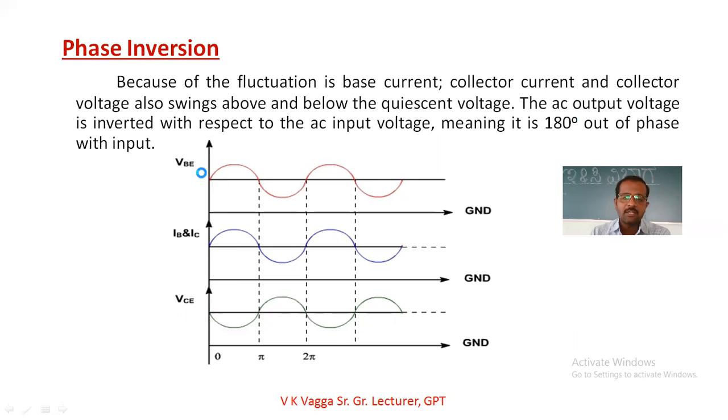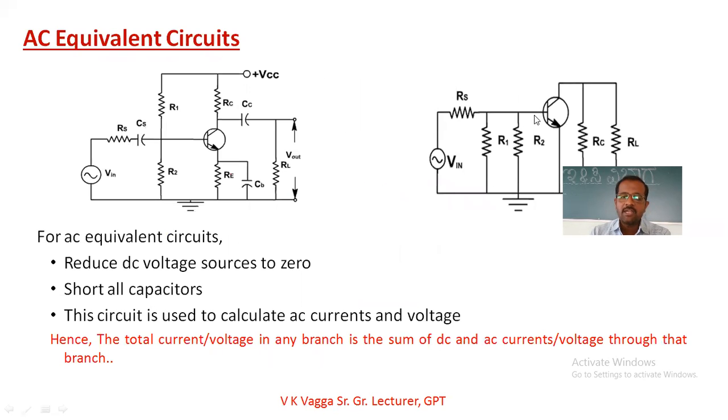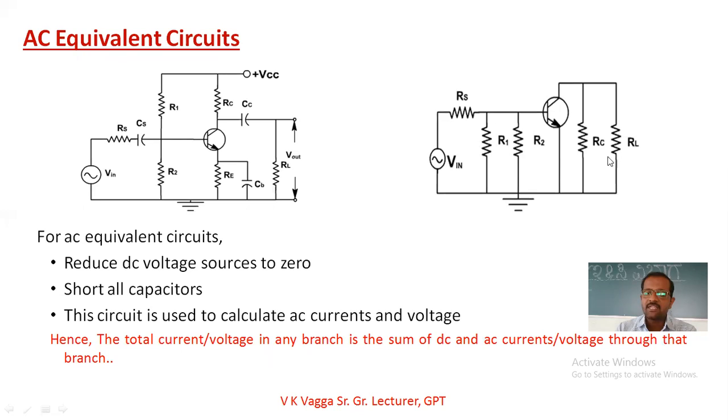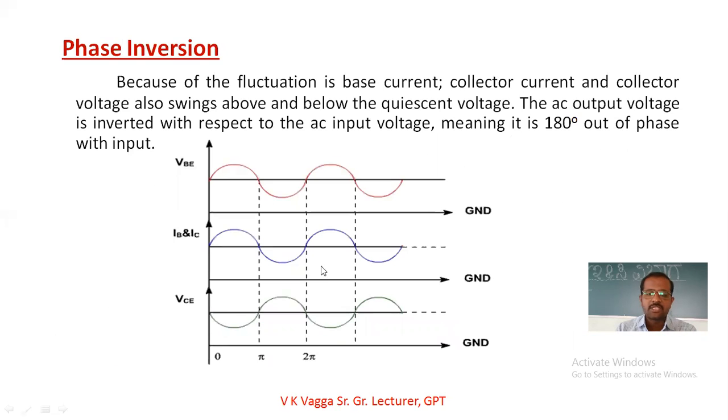VBE is the input voltage applied between the base and the emitter. The output is obtained across the collector and the emitter, so this output is considered as VCE. In this way, it undergoes the phase inversion here.